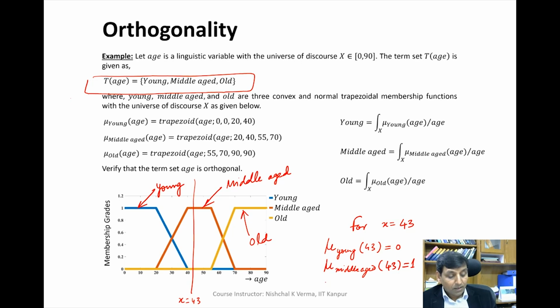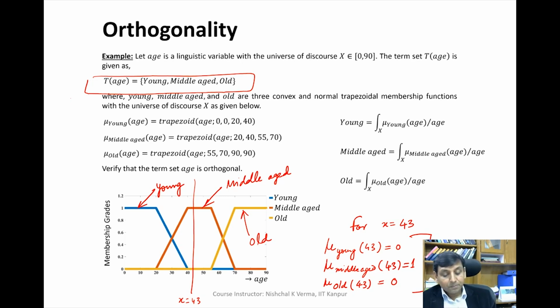And then we have mu old of 43, which is equal to 0. Now when we sum these for x is equal to 43, all the mu's for 43, let's say this is 1, 2, 3, we get 1.